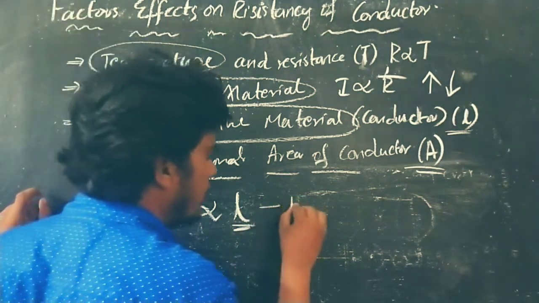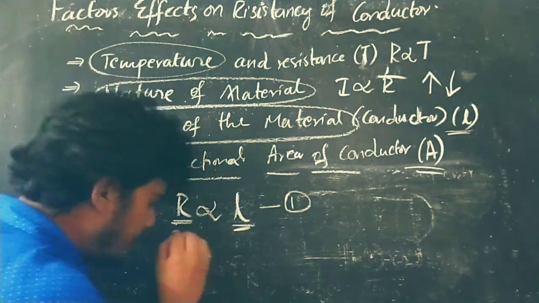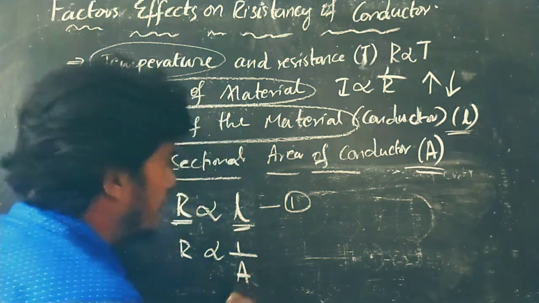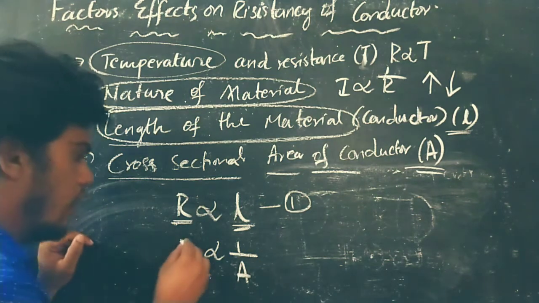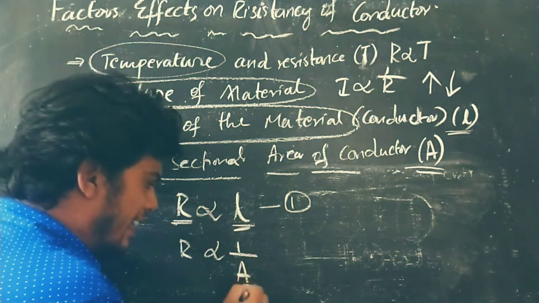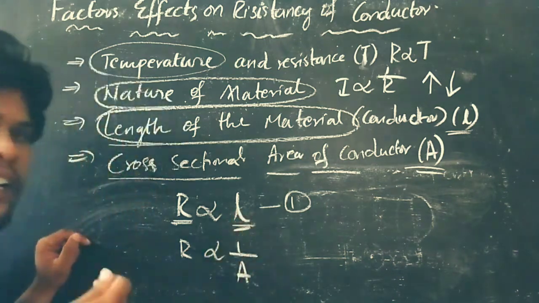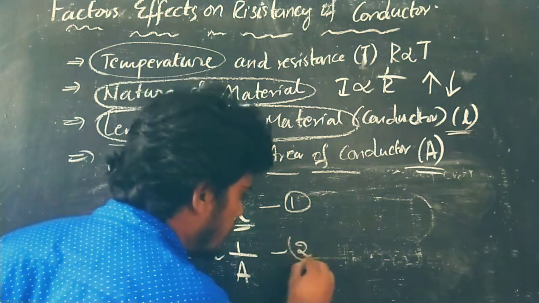So it is equation 1. Next, resistance is inversely proportional to the cross-sectional area A. Cross-sectional area increases means resistance decreases. Cross-sectional area decreases means resistance increases. It is equation 2.